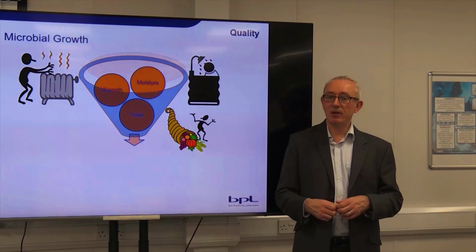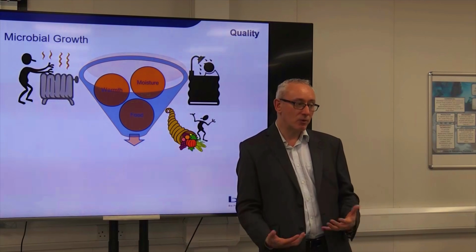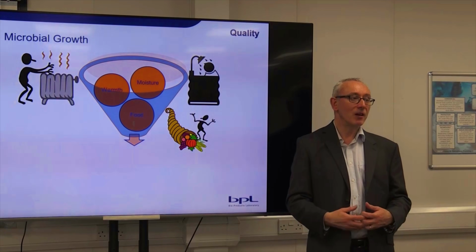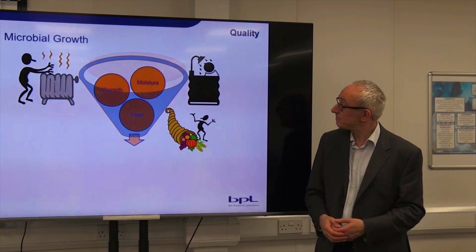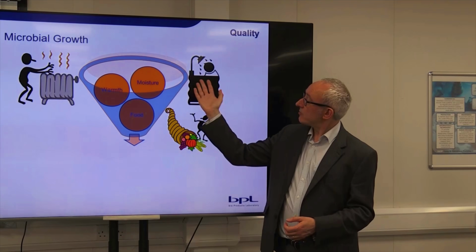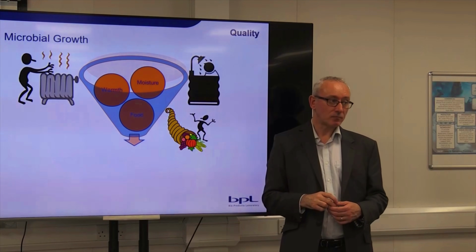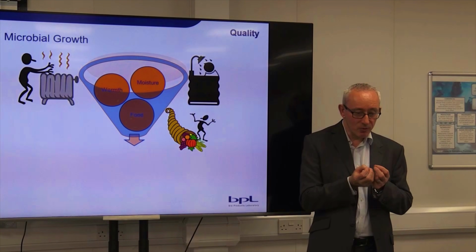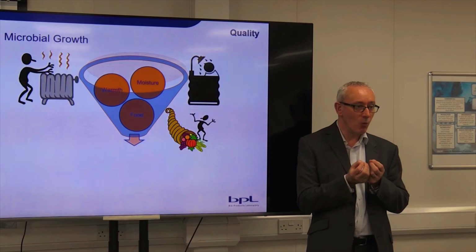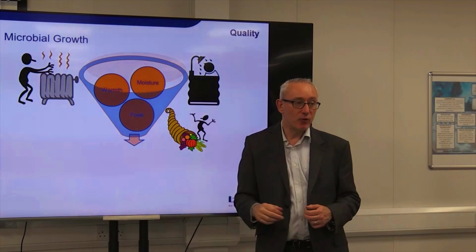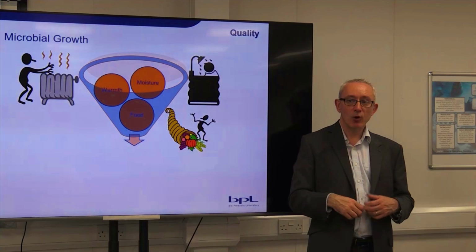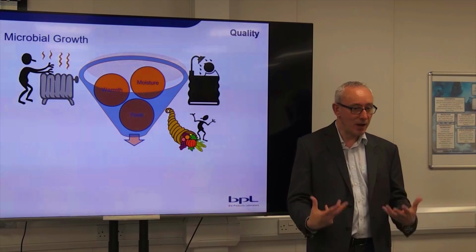Because they evolved and are conditioned with the human body, they like nice temperatures, about 25 to 30 degrees. They also need moisture. All microorganisms need a degree of water to grow. And they also need food substances, so these are growth-promoting compounds.